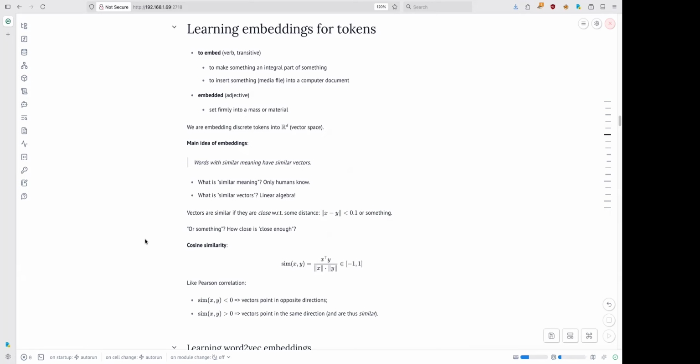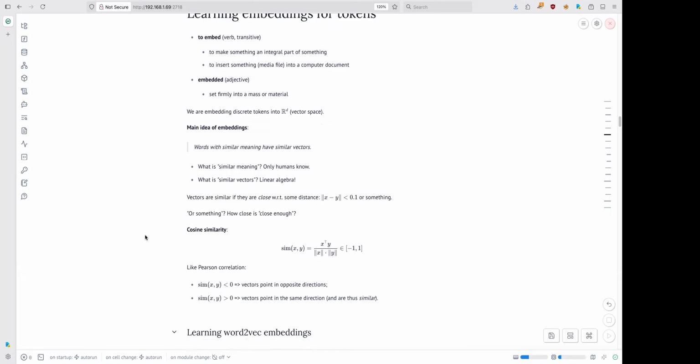So while the computer doesn't know what similar meaning is, it knows perfectly well what similar vectors are. Vectors are similar if they are close together. For the notion of closeness to make sense, we need to define some kind of distance between vectors. For example, we all know the Euclidean distance, the Manhattan distance. There are tons of distances we can define.